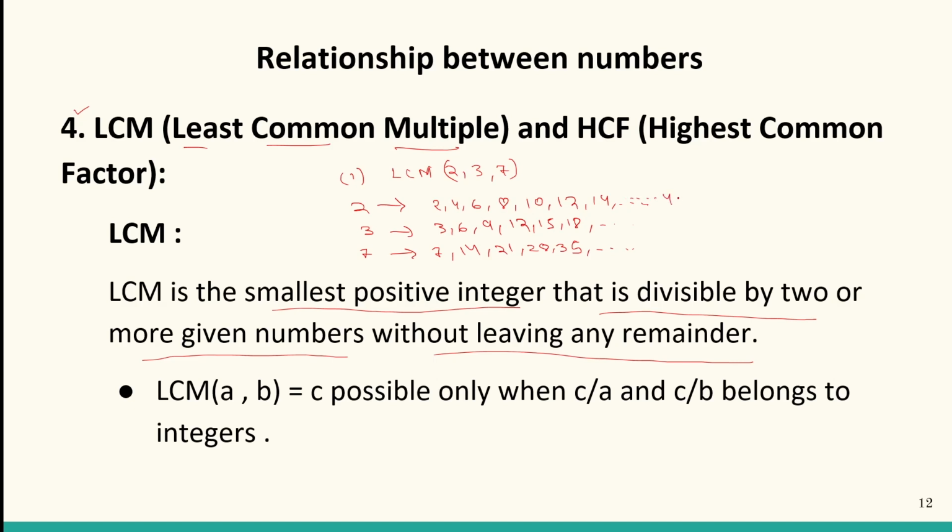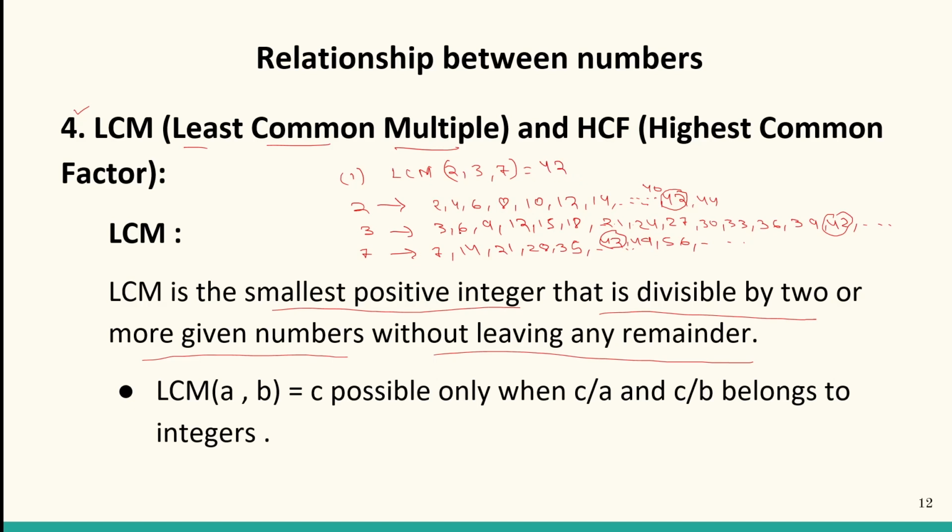It needs to go to 42: for 2 it is 40, 42, 44; for 3 it is 21, 24, 27, 30, 33, 36, 39, 42; and for 7 it is 42, 49, 56, and so on. So 42 will be the least among these, the least common multiple. So the answer is 42.